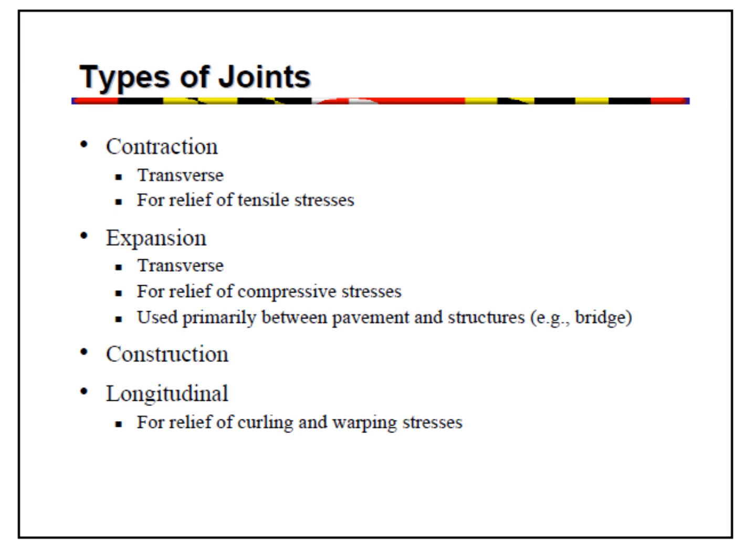An isolated joint is used to lessen compressive stresses that develop at T and unsymmetrical intersections, ramps, bridges, building foundations, drainage inlets, manholes, and anywhere differential movement between the pavement and a structure may take place. They are typically filled with a joint filler material to prevent water and dirt infiltration.